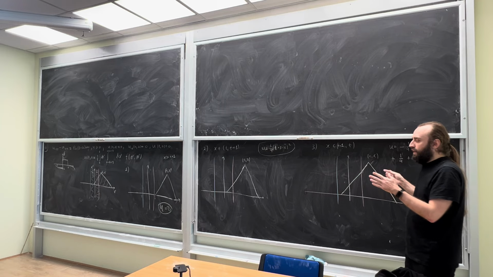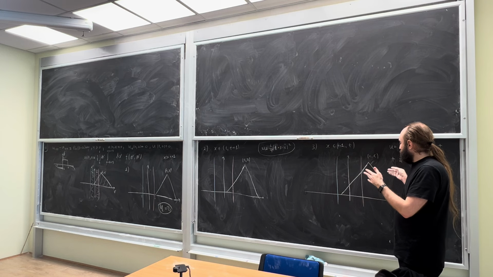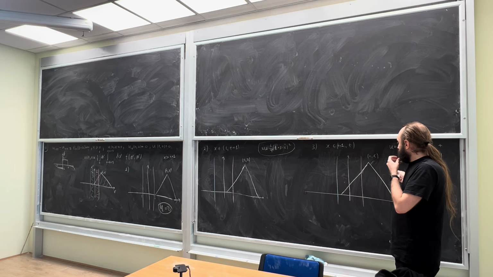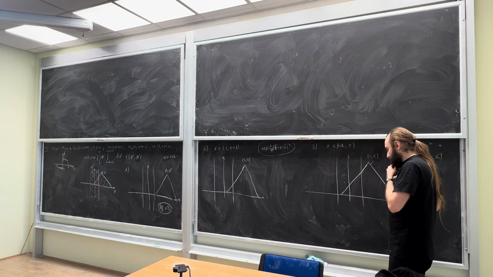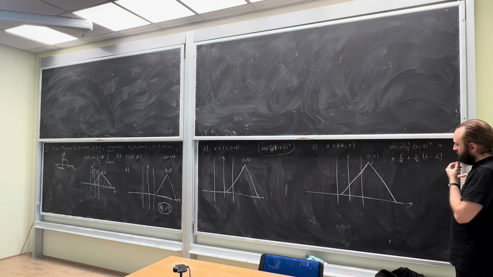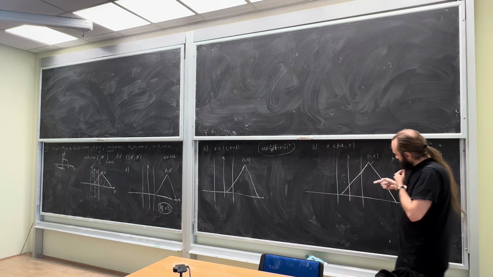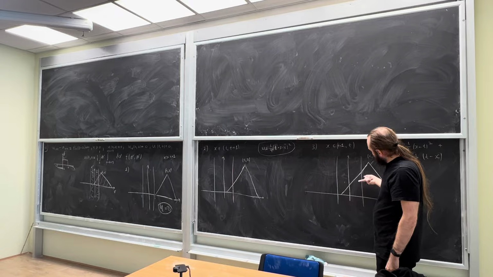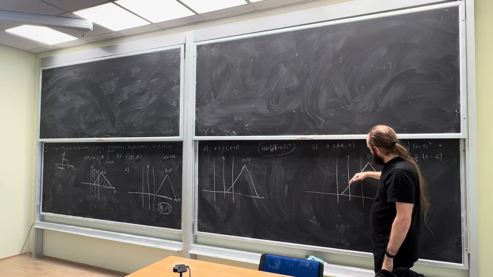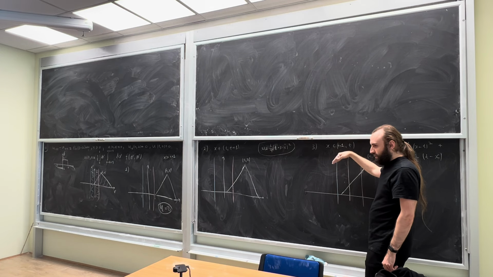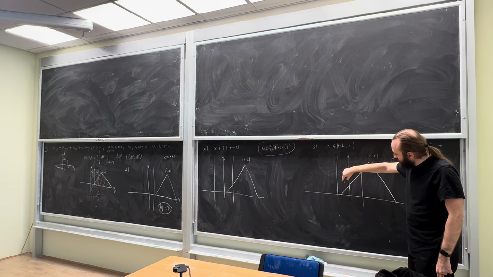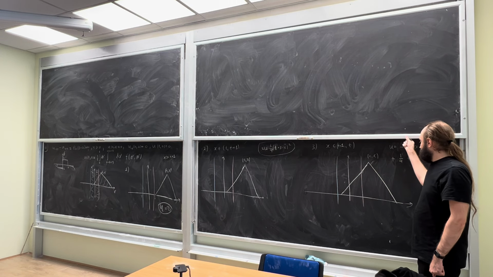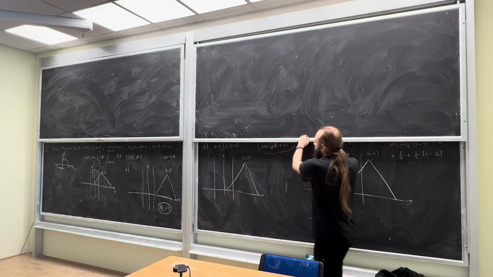Yes. So if t is large, there is this whole interval between 1 and t minus 1. This line moves with constant speed, and the difference of these two areas stays constant.